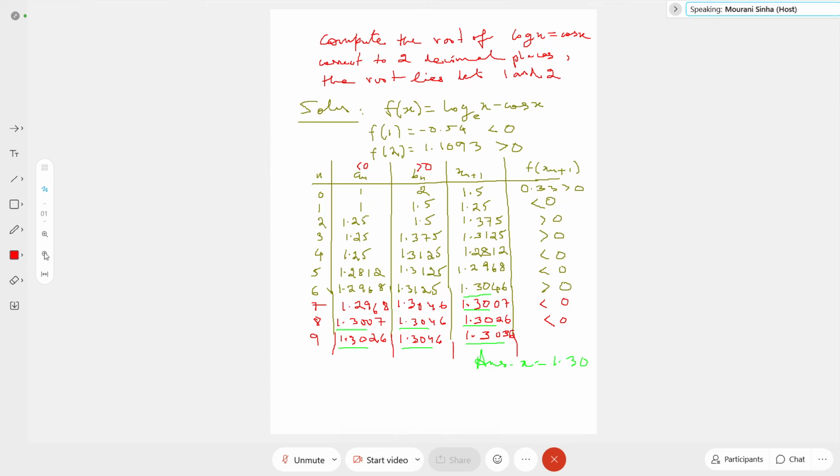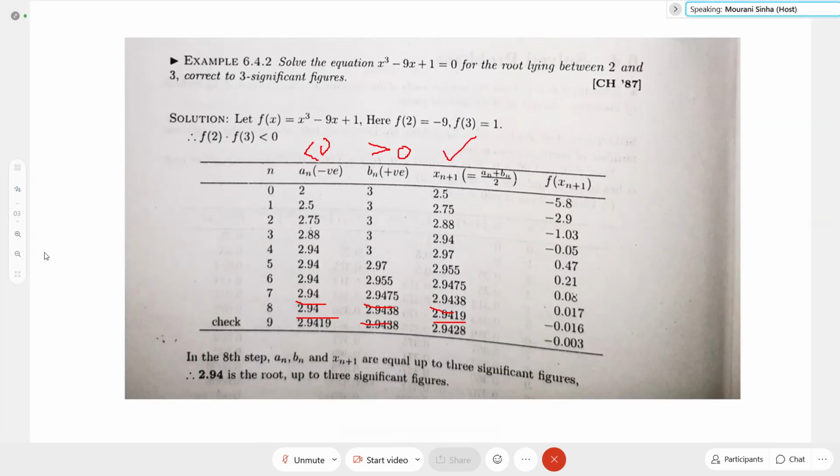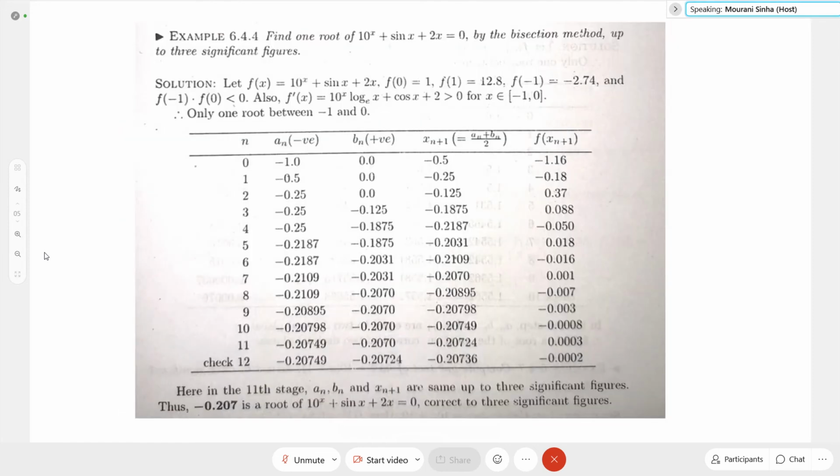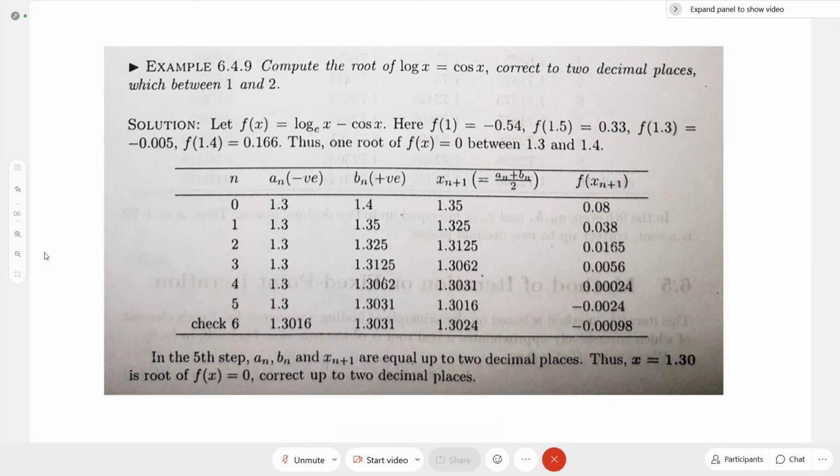Okay. So I think in the PDF also we have this done. Let me check. Yes, but here they have done it a little different way. Okay, same question, answer is same.